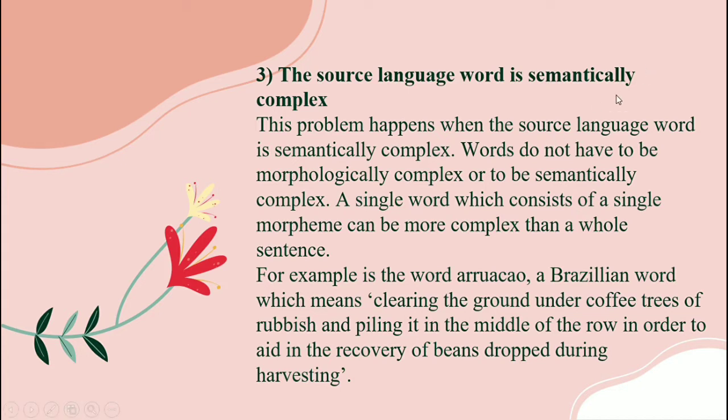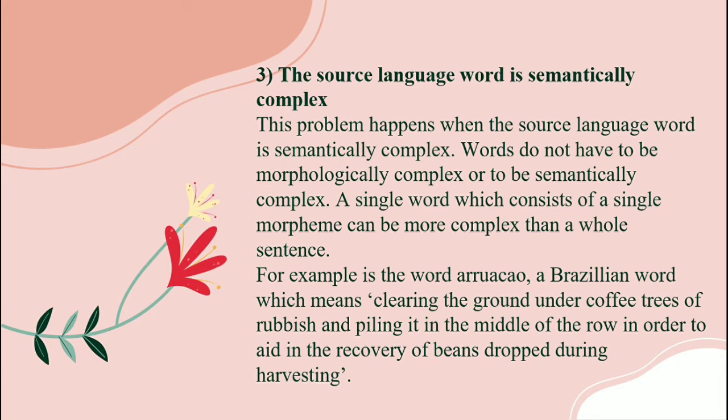And the third is the source language word is semantically complex. This problem happens when the source language word is semantically complex. Words do not have to be morphologically complex to be semantically complex. A single word, which consists of a single morpheme, can be more complex than a whole sentence.